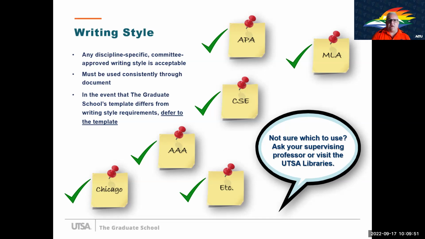In the event that the graduate school's template differs from the writing style requirements, you're going to want to defer to the template. This happens oftentimes in the references section and maybe a couple other places, maybe the table of contents, etc.